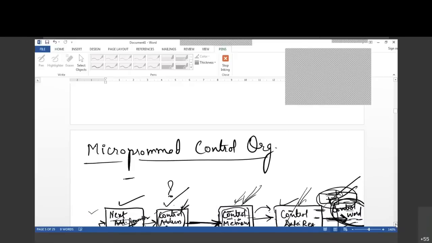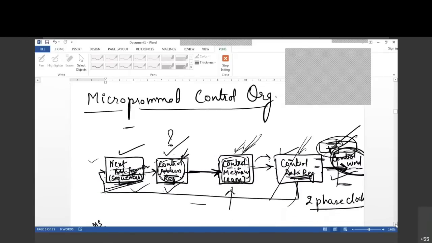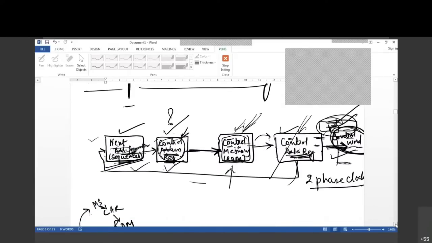After that, we studied this block diagram, which was very important to understand how this organization works. We had seen that there is a control memory, ROM. It contains all your microprograms. It receives address from the control address register.